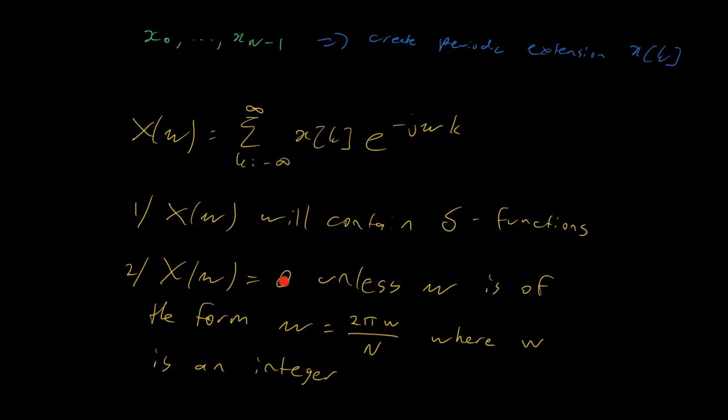Whenever X of omega is non-zero, it's actually going to be a Dirac delta function. And so if we just ignore the Dirac delta function and look at the magnitude, the number out the front multiplying each one, we can just say that this is the frequency content of x of 0 to x of n minus 1. And that is all that the DFT is doing.